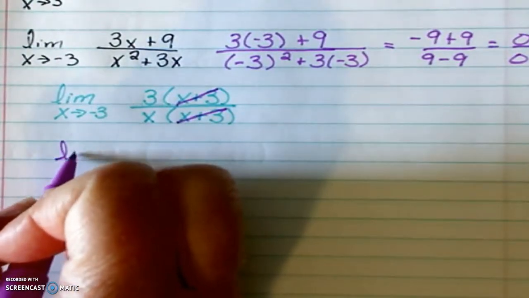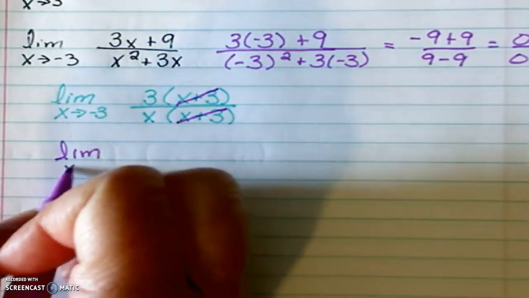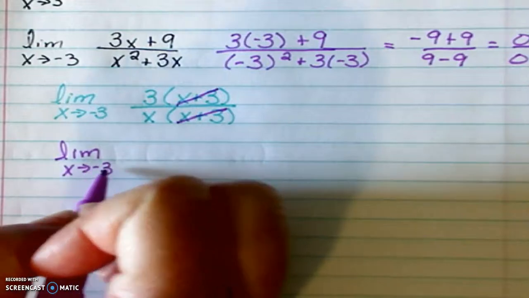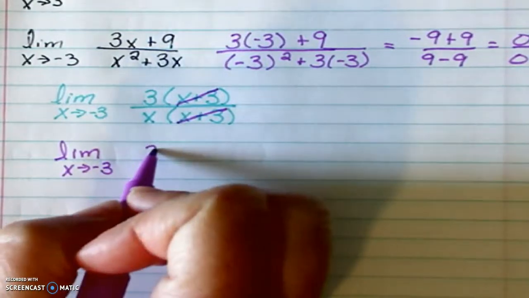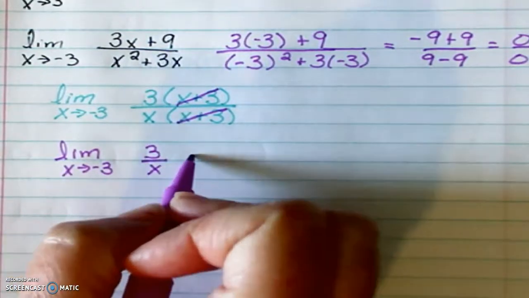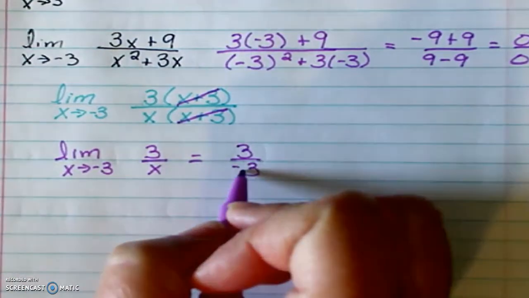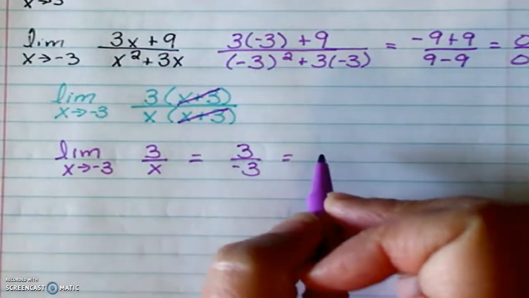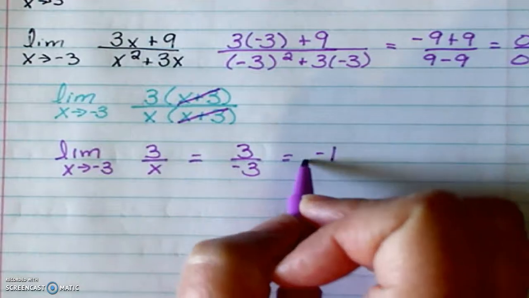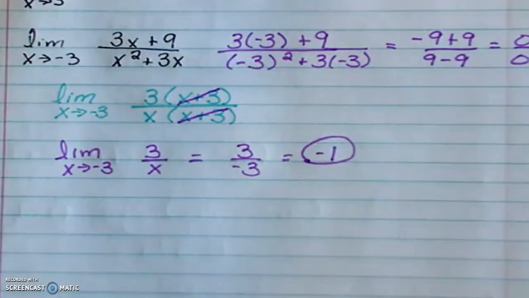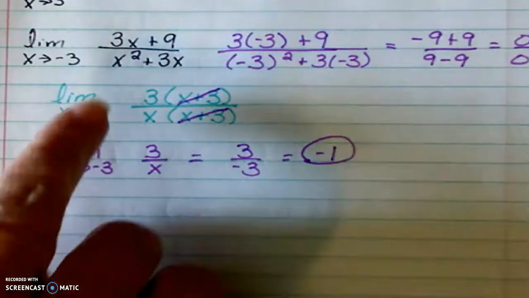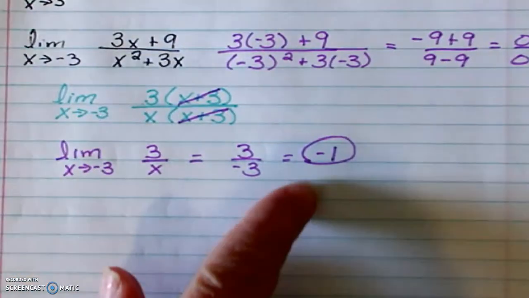It is the limit as x approaches negative 3. And if I reduce that, you get 3 over x. Now you don't have to write limit because you're ready to just substitute it in. And the answer you are going to end up with is negative 1. So the limit as x approaches negative 3 for this particular expression ends up being negative 1.